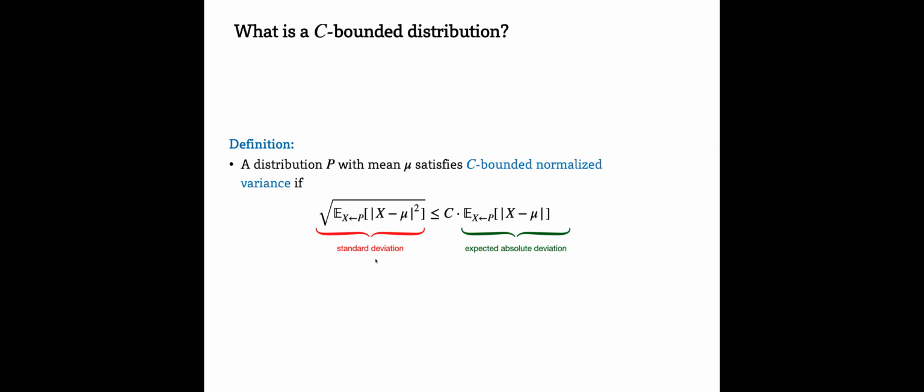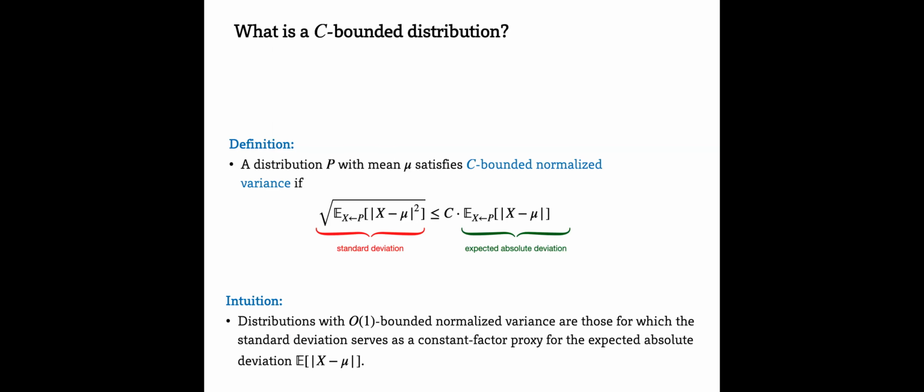The quantity on the left is just the standard deviation of our distribution, and the quantity on the right is the expected absolute deviation of the probability distribution. So what this means morally is that distributions with constant bounded normalized variance are those for which the standard deviation serves as a constant factor proxy for the expected absolute deviation, i.e., the expected amount by which the distribution deviates from its mean.